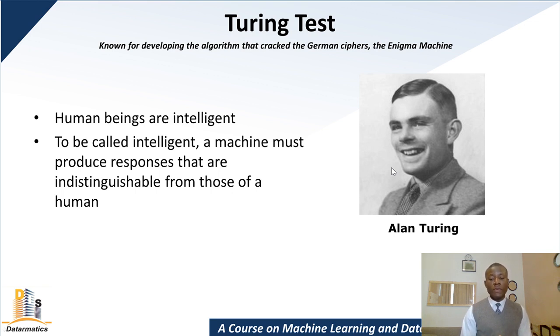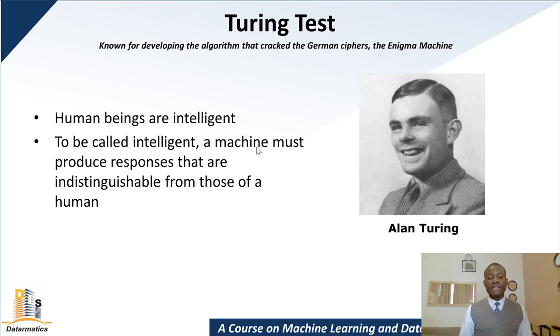During the Second World War, the English were able to crack the German codes and listen to the German transmission of messages between their submarines and so on. So this was done by this guy Alan Turing.